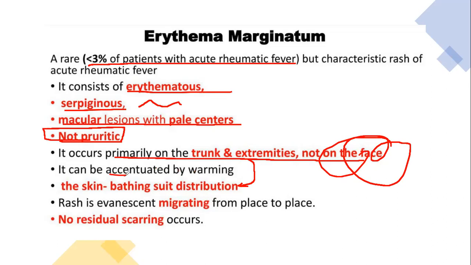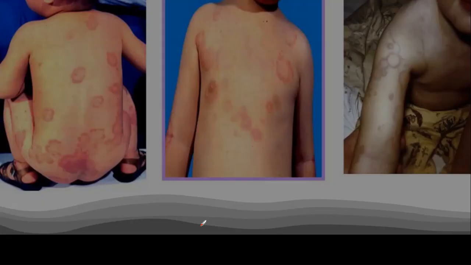And because of this distribution, it is said to have a bathing suit distribution, okay? And it can be accentuated by warming, and the rash can migrate from place to place. And it dissolves with no residual scarring, so no residual scarring occurs.